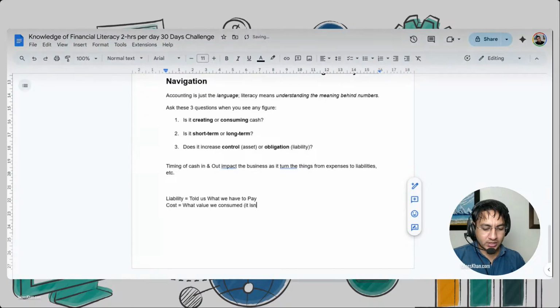It isn't telling us if we paid that cost or not. So the liability tells us if we paid this cost or not.